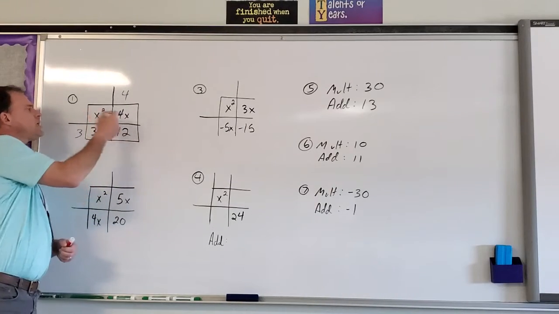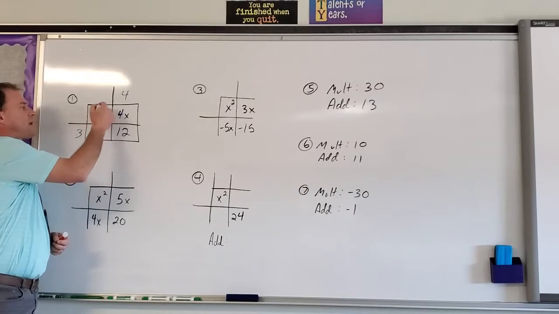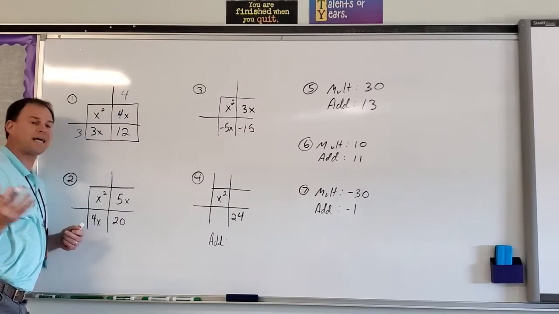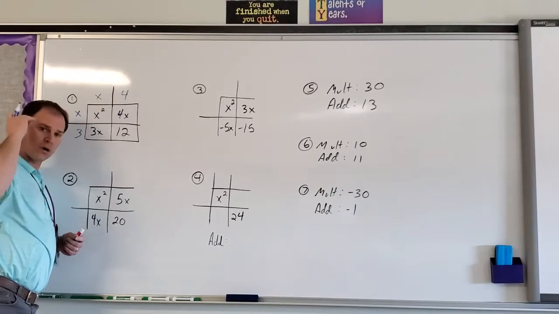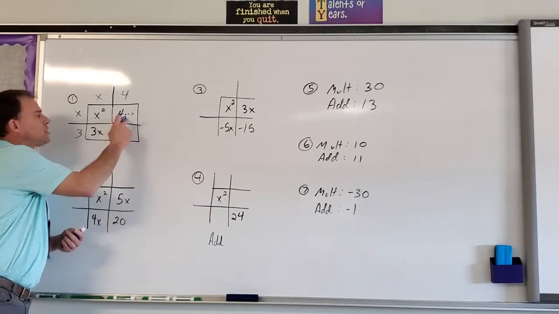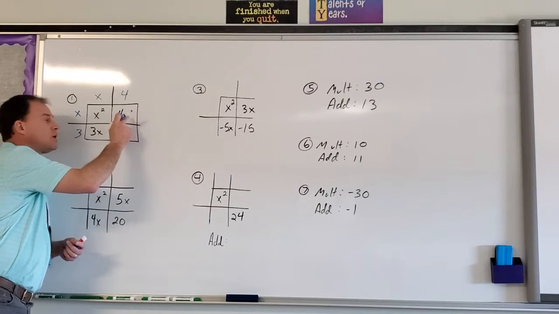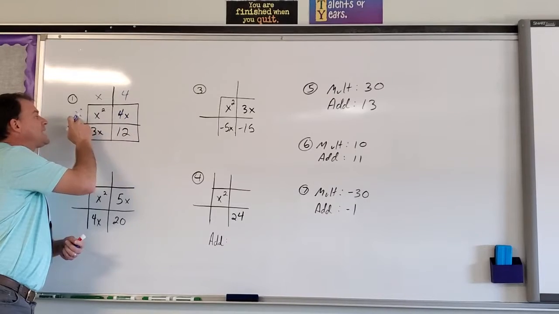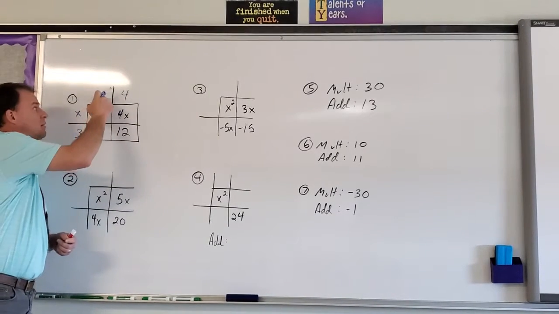All right, so if I go here, I can look at a couple of different ways. I see this square right here. I know the only way I can make x squared is for both of these to be x's. Or I could look at these two together and say, what do these two have in common? So these two both have one x in common. These two both have one x in common. So there's got to be an x out here.